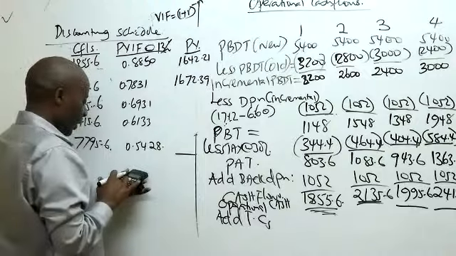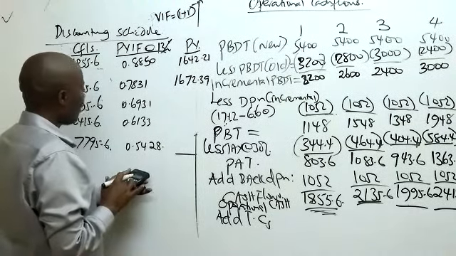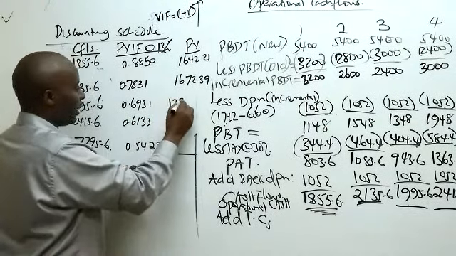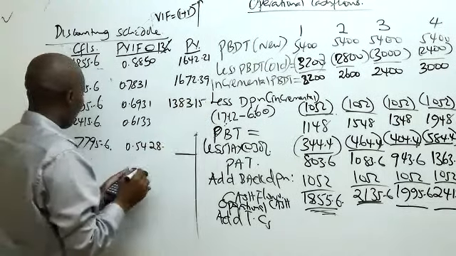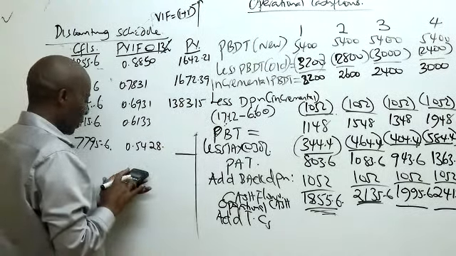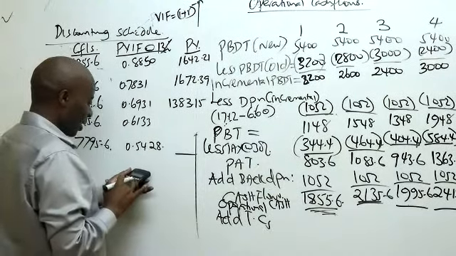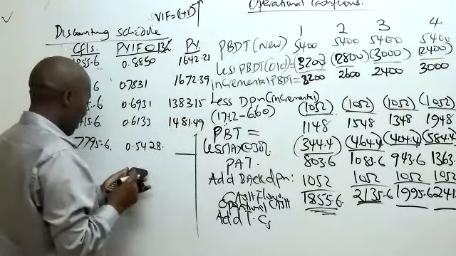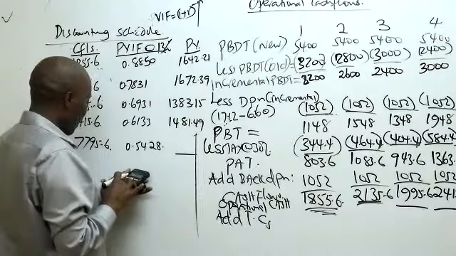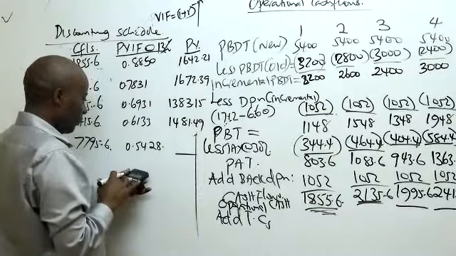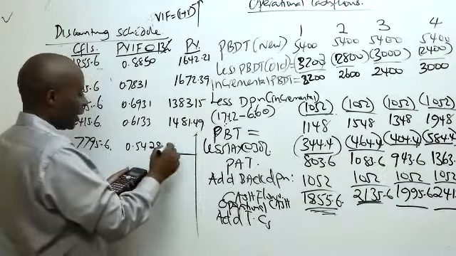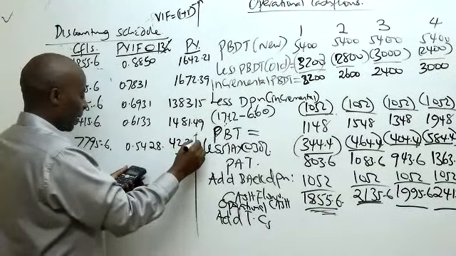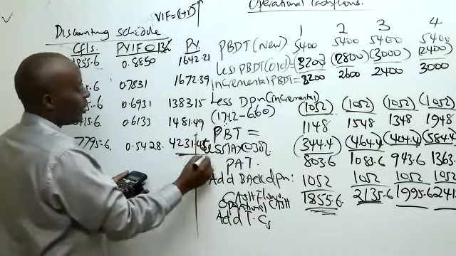Then we have 1995.6 times 0.6931, giving us 1383.15. 2415.6 times 0.6133 gives me 1481.49. Then lastly, we have 7795.6 times 0.5428, giving us 4231.45.